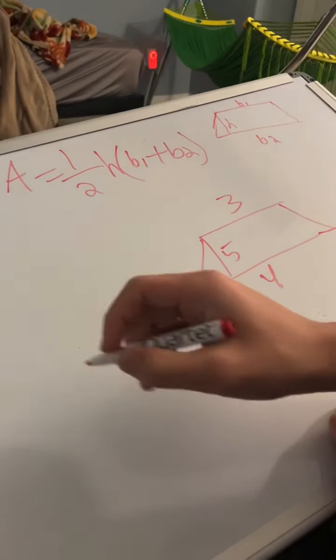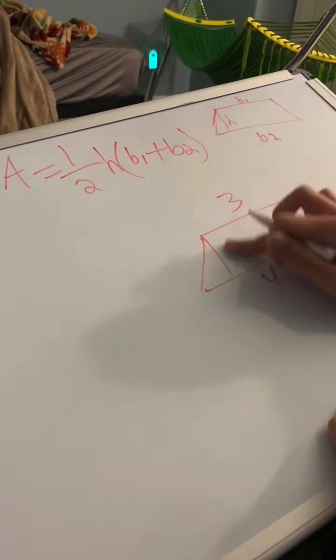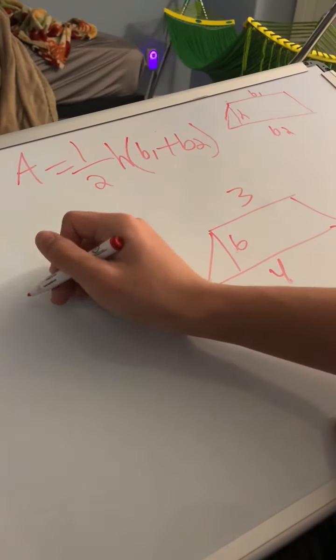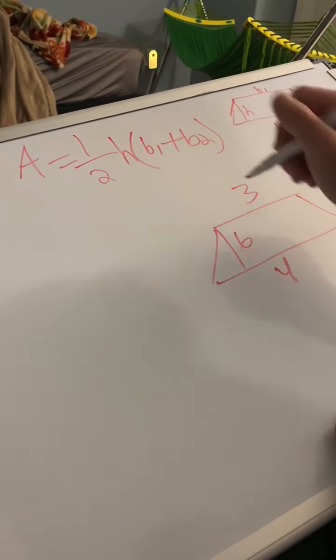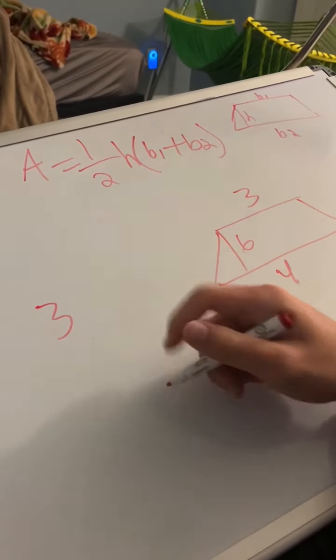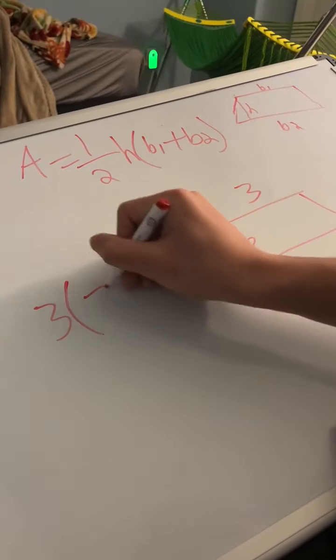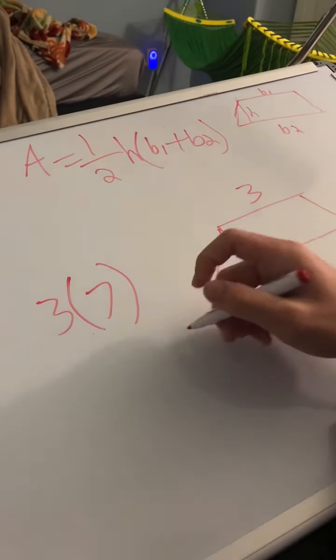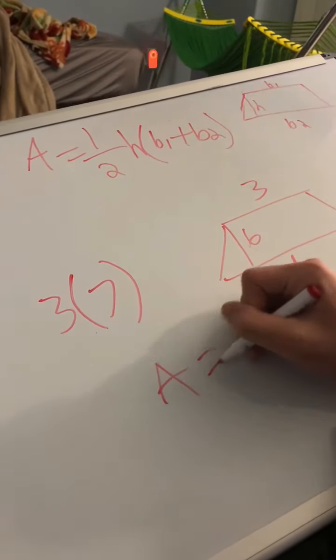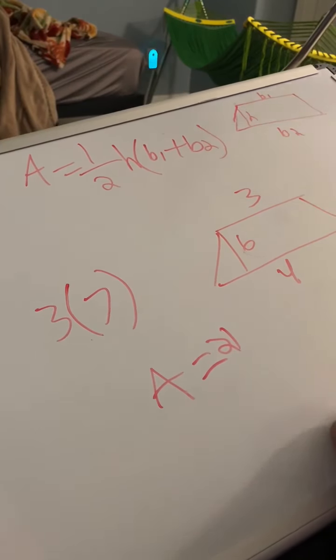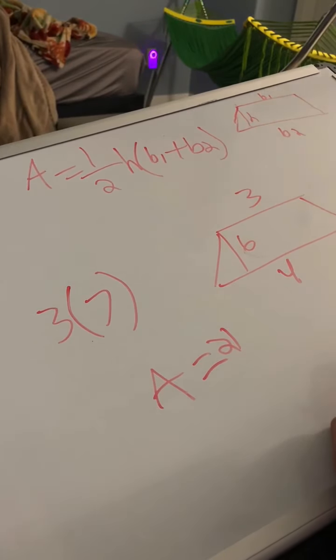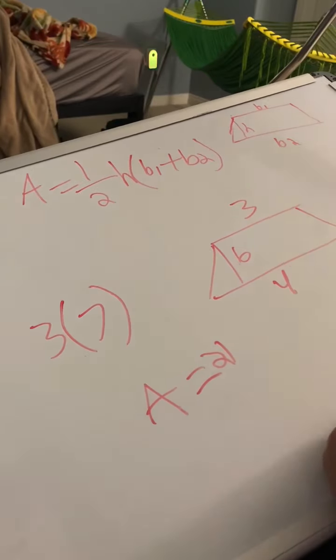Let's make this 6 so it's easier. 1/2 the height, which is 6, is 3, times base 1 plus base 2, which is 7. 3 times 7. The area would then equal 21. Pretty easy, right? So I guess we're gonna move on to kites and rhombuses.